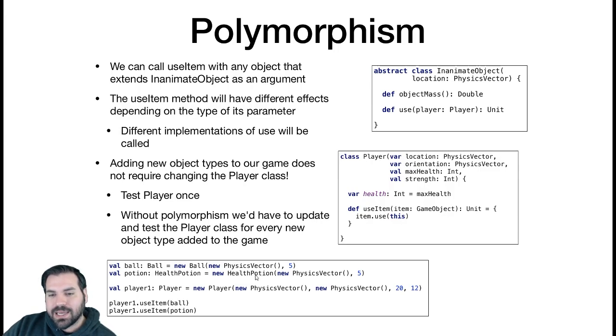Health potion, same thing. So we can safely call use item on a health potion, even when stored in a variable of type health potion, because we have this implicit assignment: item of type game object equals potion, which is a health potion. It's a valid assignment because a health potion is a game object. Polymorphism, baby. Polymorphism.